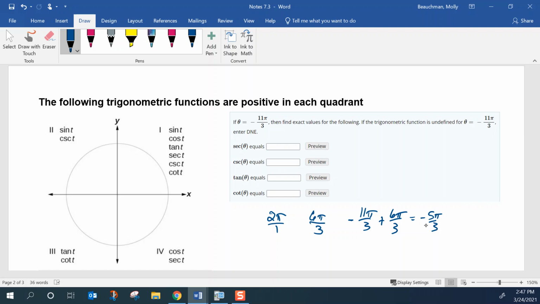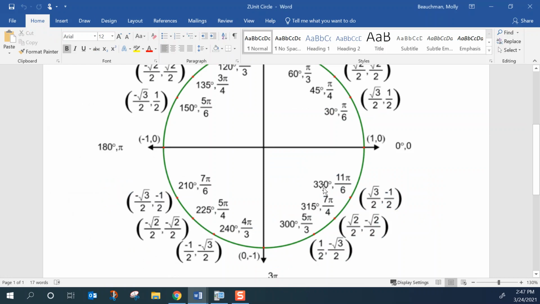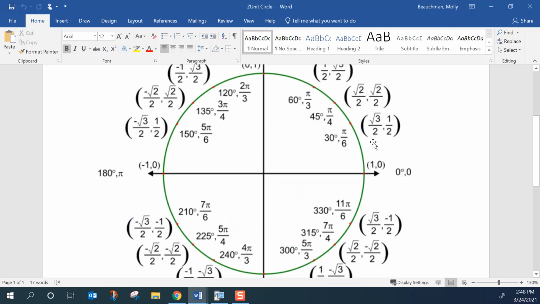So where does negative 5 pi over 3 land? I'm going around the circle once, and then I'm going another 5 pi over 3. So on the unit circle, 5 pi over 3 is 300 degrees.